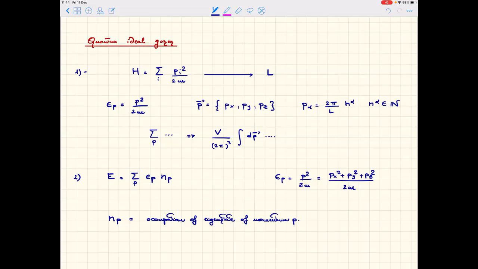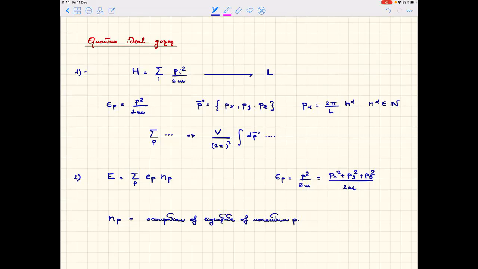And you can distinguish among two broad classes of particles, bosons and fermions. Bosons are particles that have orbital wave functions that are symmetric under exchange of indices, while fermions are antisymmetric.